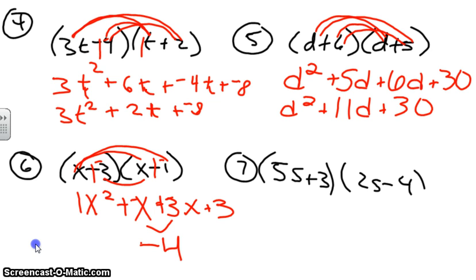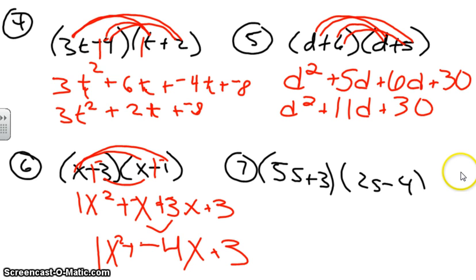Good. -4x's. Good. So we have x squared plus -4x plus 3, or x squared minus 4x plus 3. Good. And the last one?